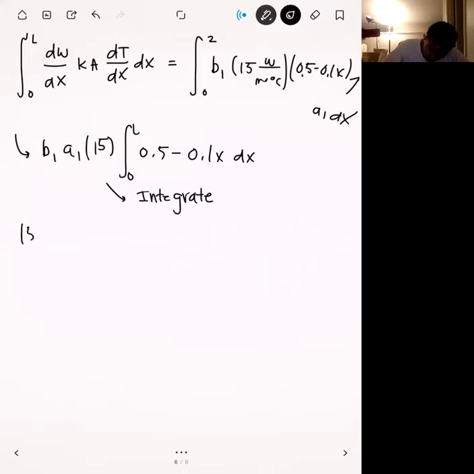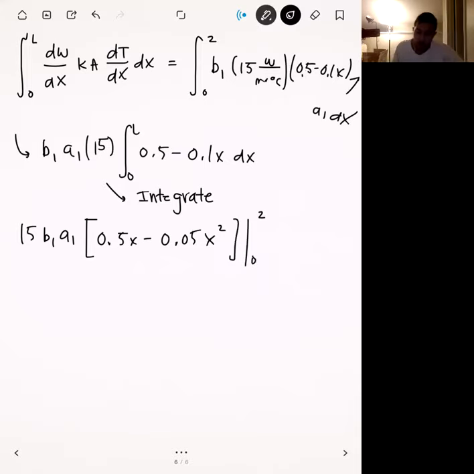We have 15 b1 a1 times 0.5x minus 0.05x squared, because we have to divide by 2 here. And then we're going to evaluate this from 0 to 2.